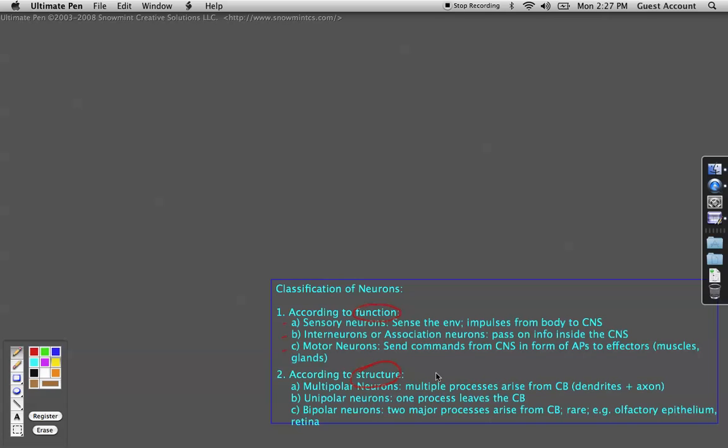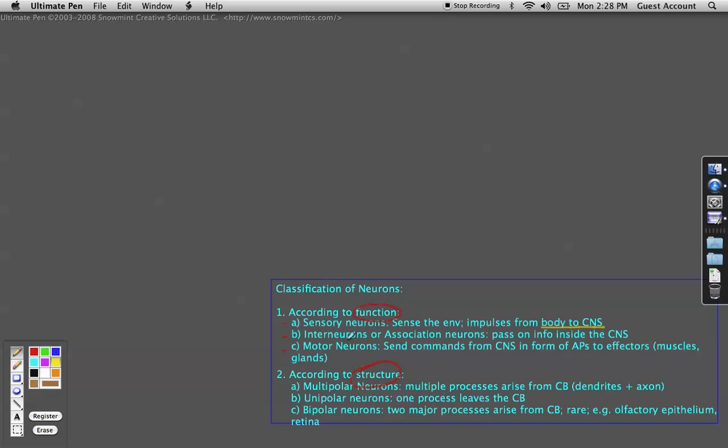For instance, an external stimulus could be a bug landing on your skin and biting you, or walking on your skin. An internal stimulus could be food arriving in your stomach, which stretches stretch receptors, and sensory neurons will respond to that. So sensory neurons carry the action potentials from the body to the CNS.